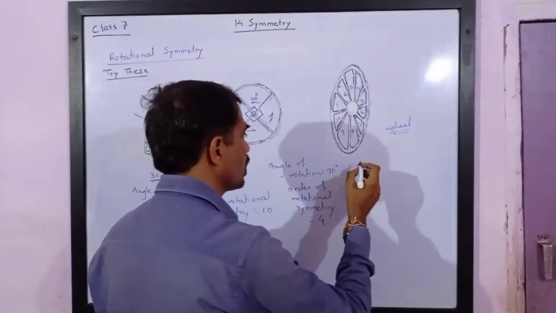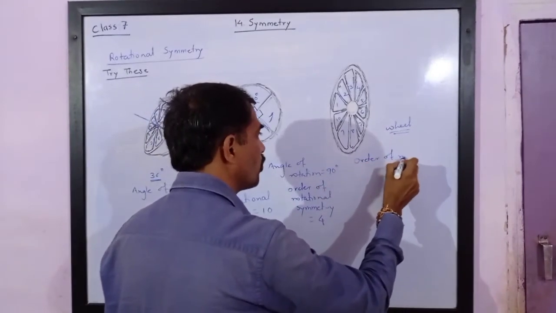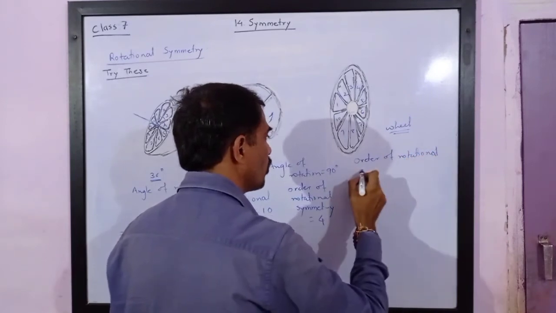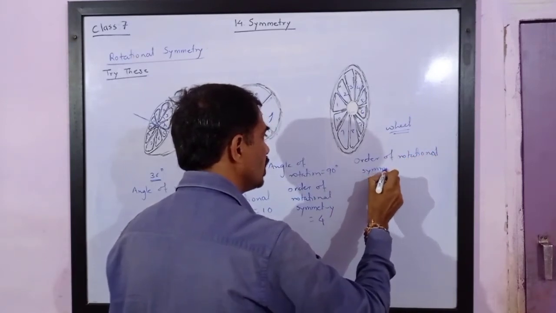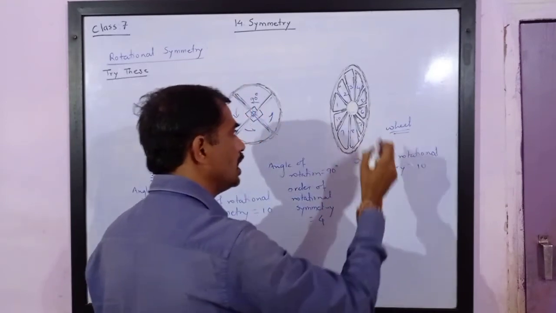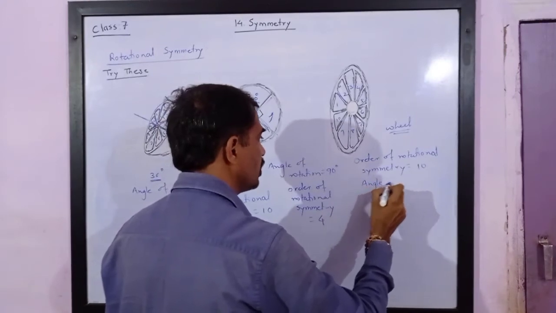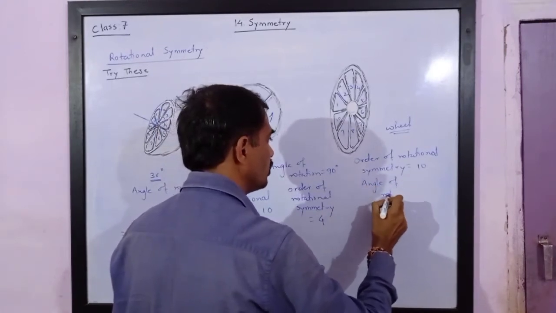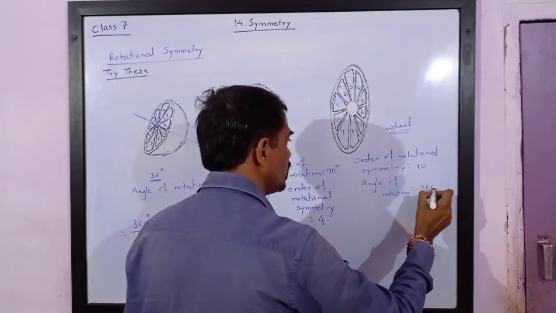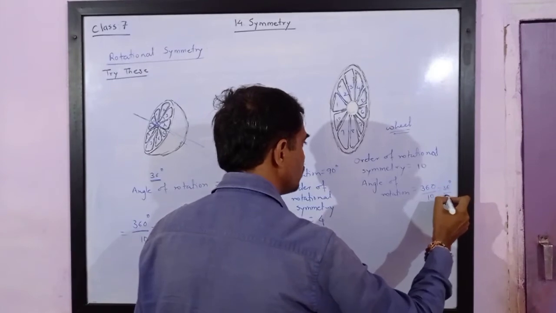So here the order of rotational symmetry is equal to 10. The total angle is 360 degrees, so the angle of rotation is equal to 360 upon 10, that is equal to 36 degrees.